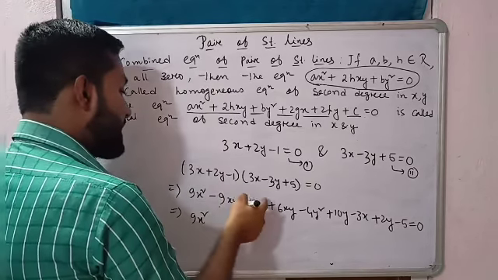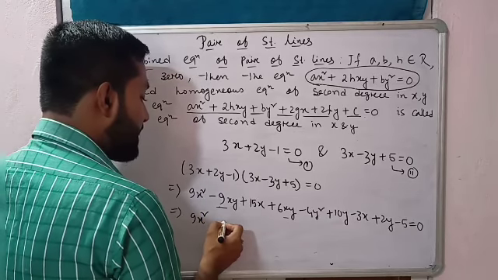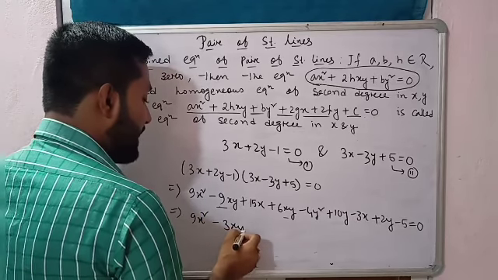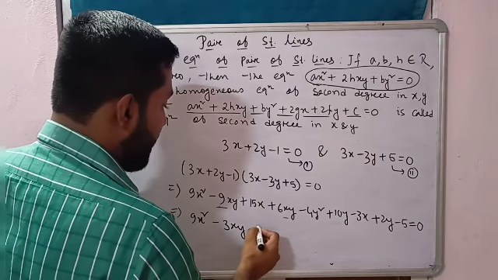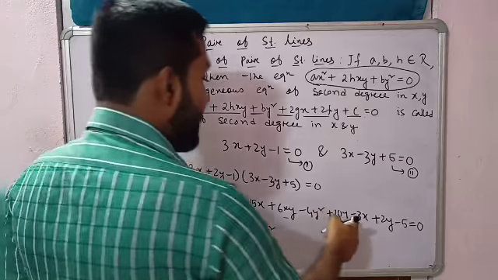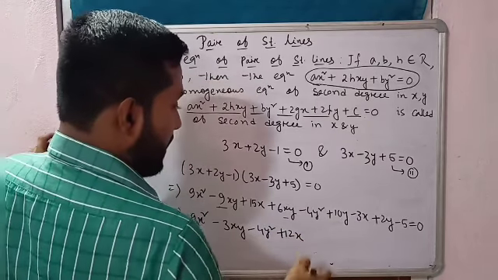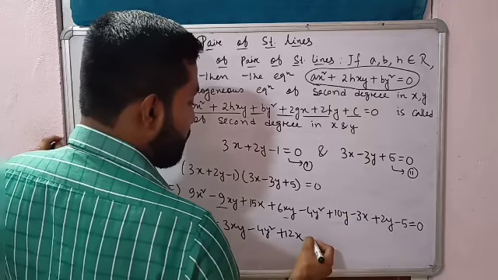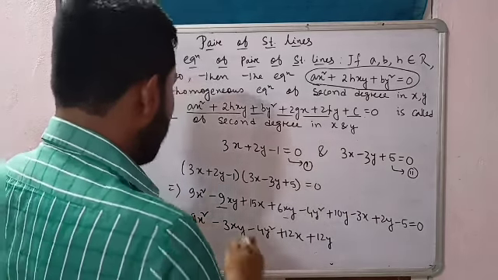Okay, so 9x square minus 9xy plus 6xy, that is minus 3xy, then minus 4y square, 15x minus 3x, that is 12x, 10y plus 2, that is 12y. कुछ तो और चेंज होगा शायद.